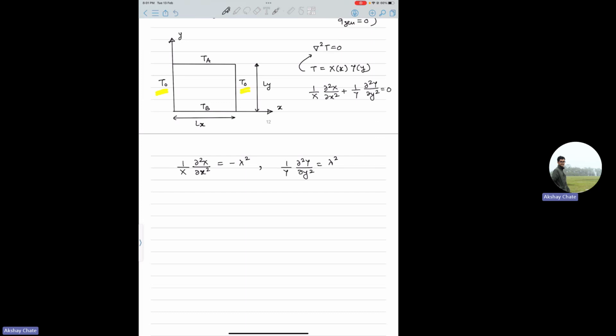But one can argue, can I put this side as lambda square and this side as minus lambda square? No, you can't, because if you put this side as the positive constant, then you get X as the solution, which is A e to the power lambda x plus B e to the power minus lambda x.